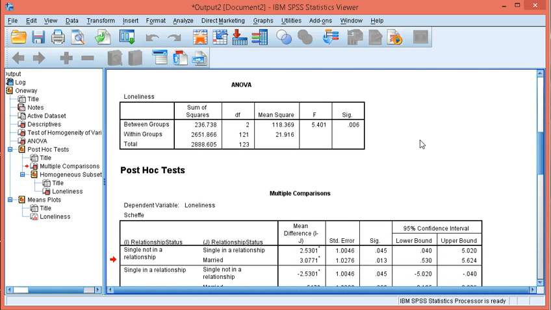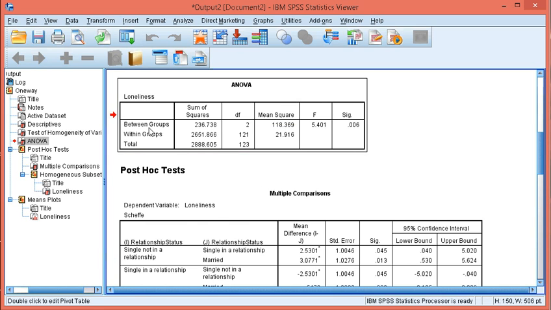And now we have here the ANOVA test. These are the respective sum of squares between groups, within, total. These are the degrees of freedom between groups, within groups, total, and these are the mean squares. When you divide these mean squares, you will have your F ratio.